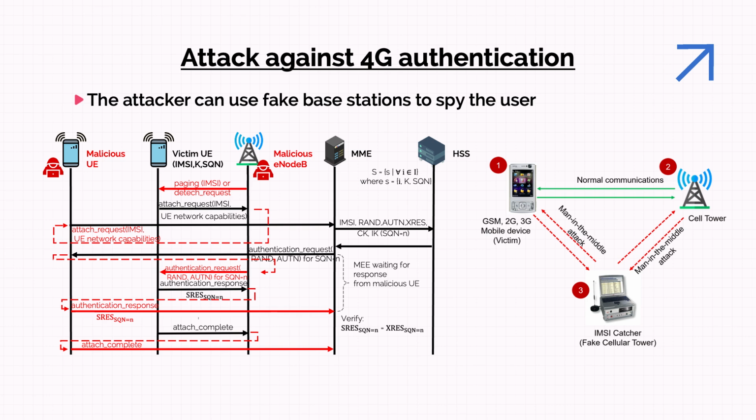After that, they can use that information to launch a new authentication to the server. From then on, the communication between you and the server is forwarded through the fake cellular tower, and every communication is leaked to the attacker.